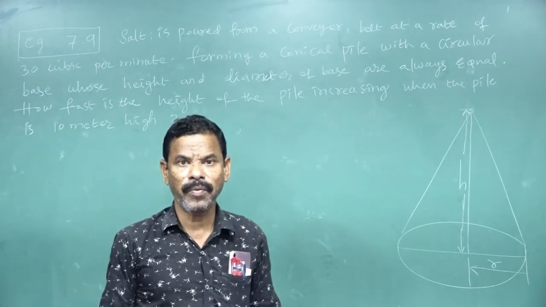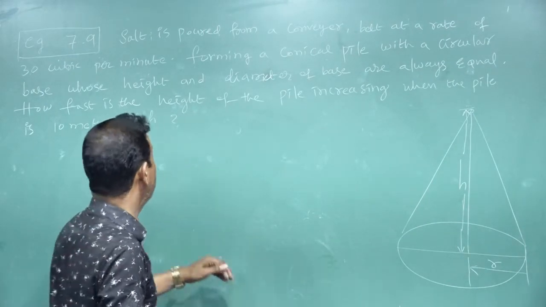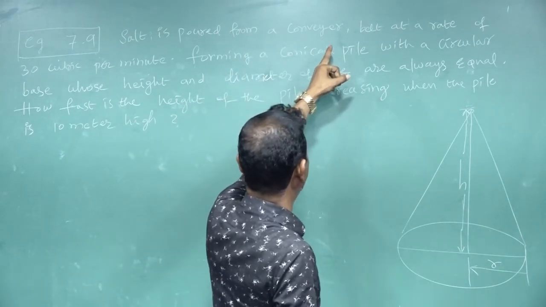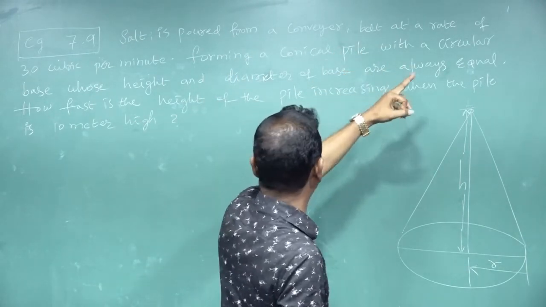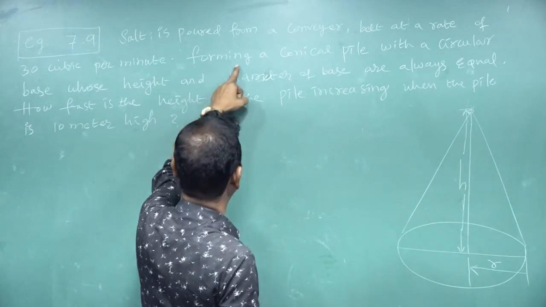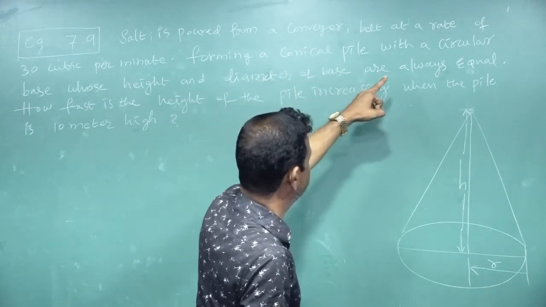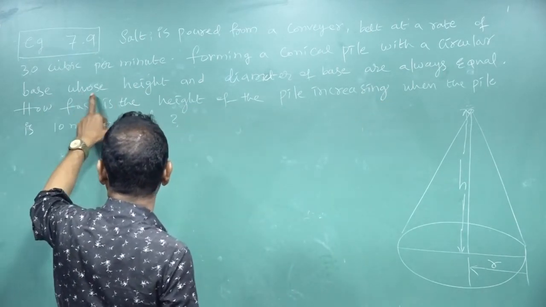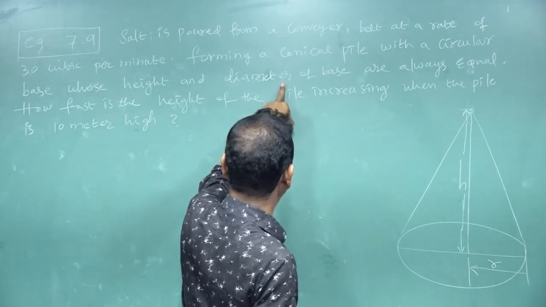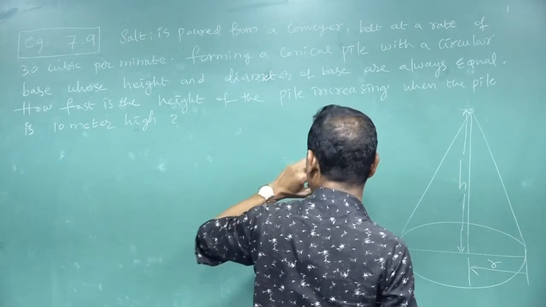Next, example 7.9. Salt is poured from a conveyor belt at a rate of 30 cubic meters per minute, forming a conical pile with a circular base whose height and diameter of base are always equal.